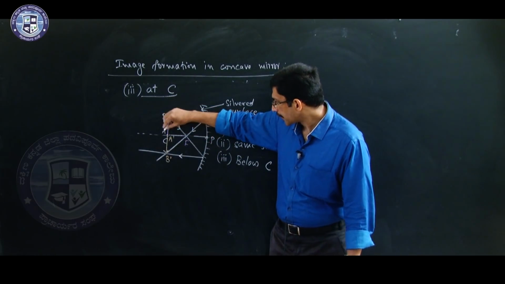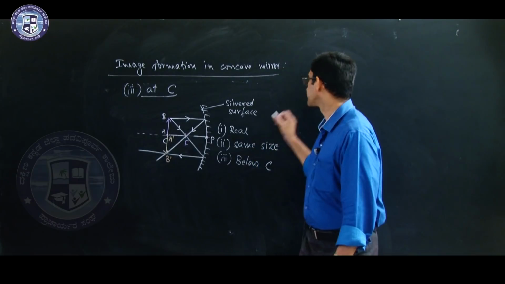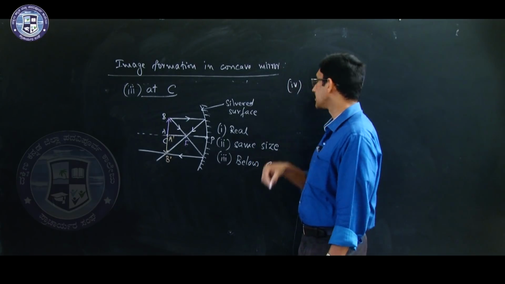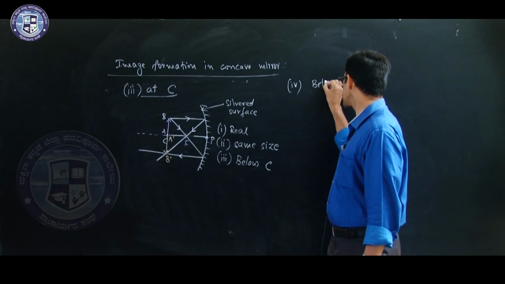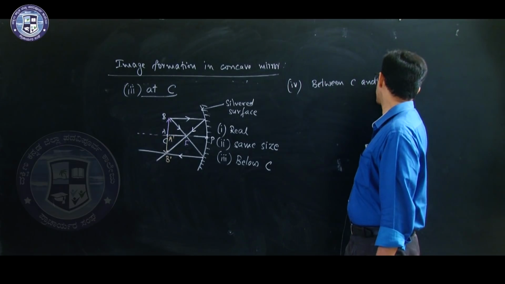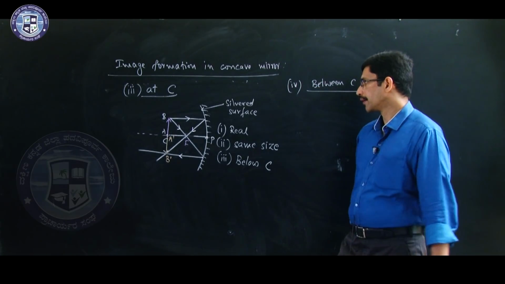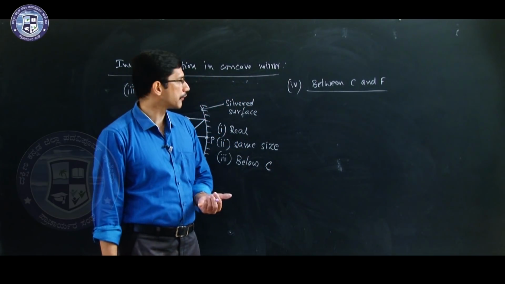In the fourth case, we will place the object between the center of curvature and the focus. So, that is the fourth case, that is the object placed between C and F, that is between the center of curvature and the principal focus.